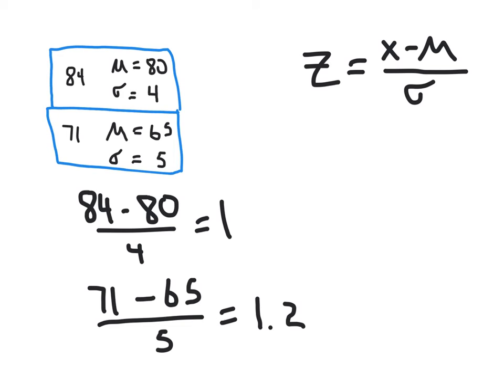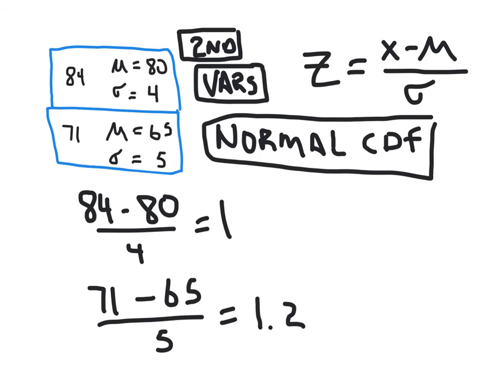Now, how much better? That's when we do normal CDF. Remember, we do 2nd VARS normal CDF, and the calculator VARS stands for variables. Now in your calculators at home, you don't have that nice place to put all those numbers. So all you do is put, for this one, negative 1,000, comma 1. That's it in this normal CDF, and it should come out with 0.84.